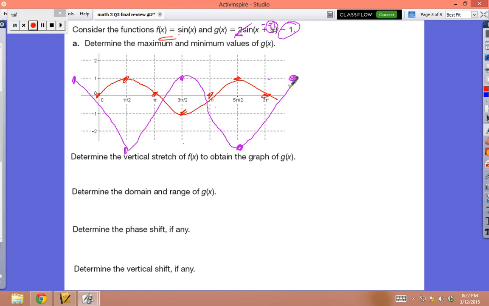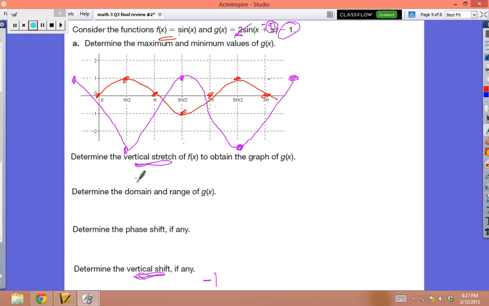Alright, so look at the purple one. So the vertical stretch is different than the vertical shift. The vertical shift, we moved this a -1, so the vertical shift is down 1.